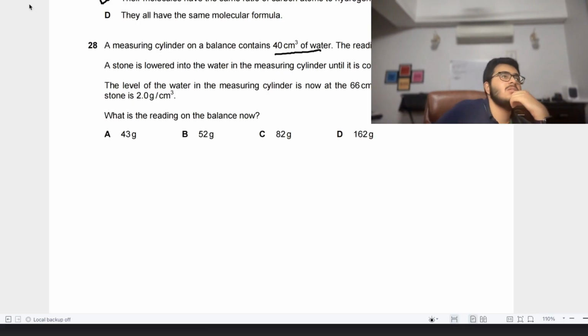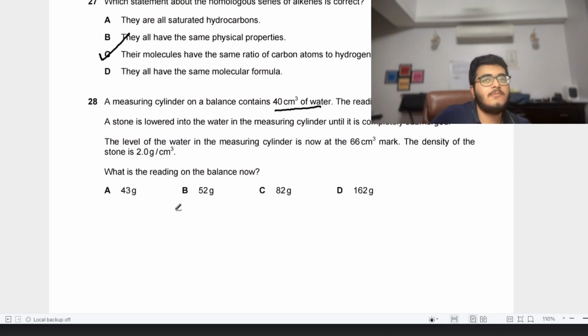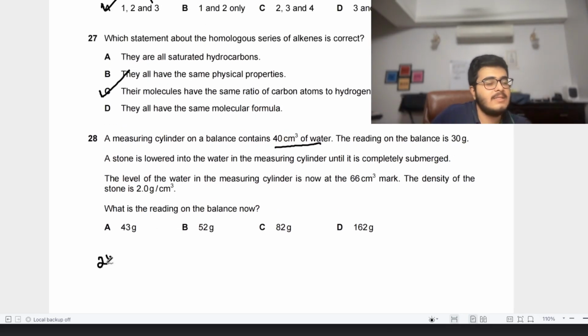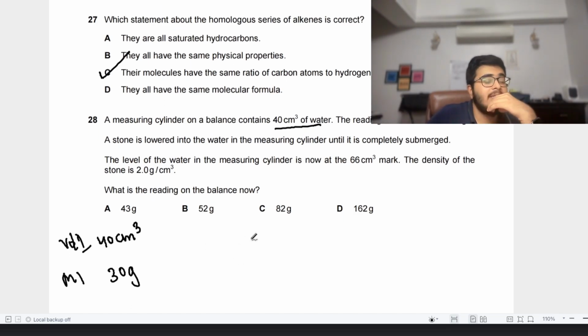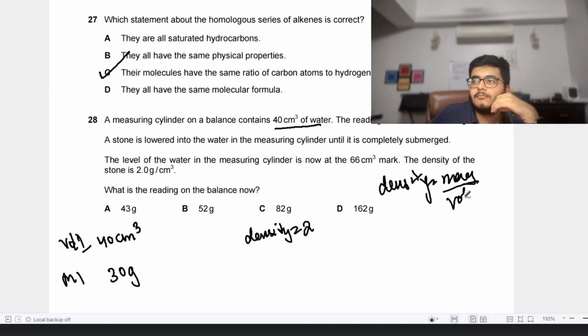Seeing the situation given in the question, they have said there is 40 centimeter cube of water, and the reading is 30 grams. So this is mass 1, and this is volume 1. Now once the stone is submerged, the density has become 2. Density is nothing but mass over volume. Density is now 2 and volume 2 is 63. We need to find mass 2.